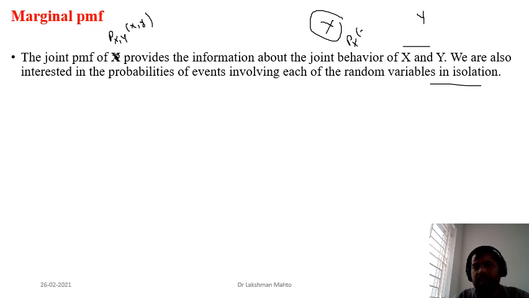Similarly, for the random variable Y in isolation, we denote the corresponding probability mass function by p_Y(y). This is the situation.